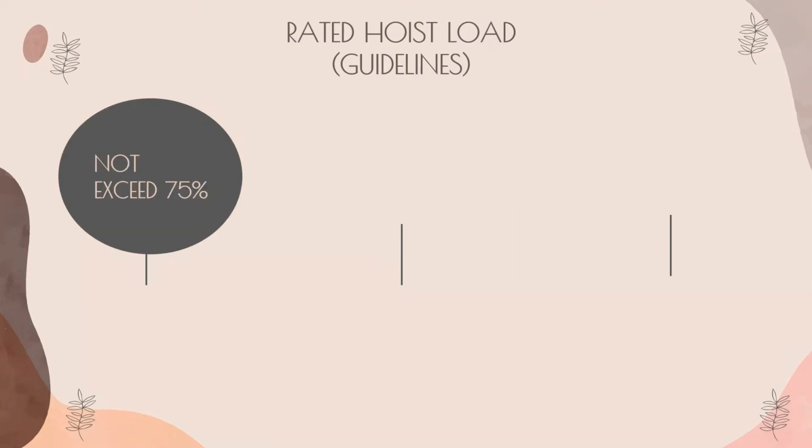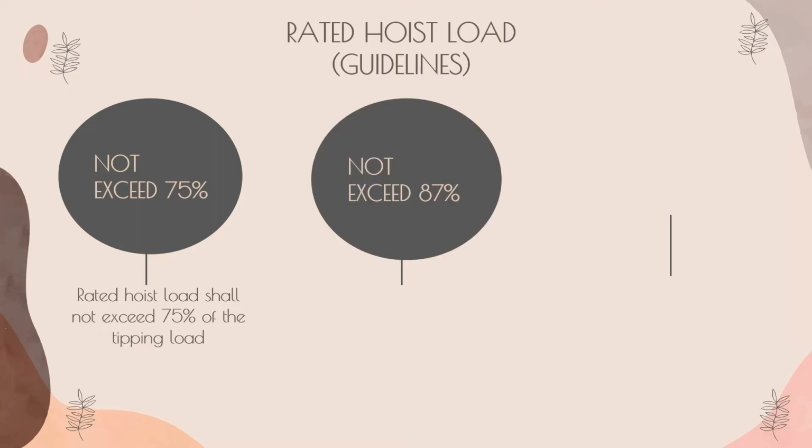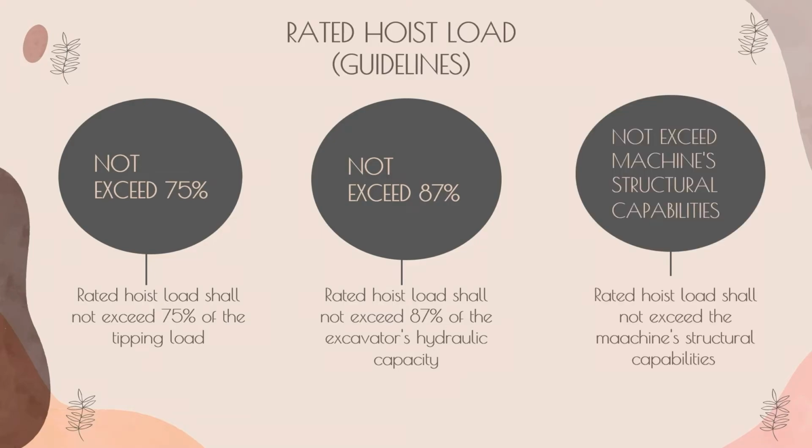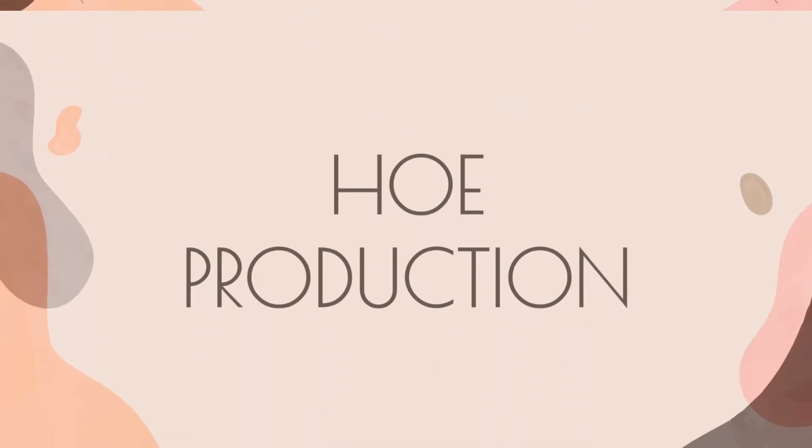Number 1, rated hoist load shall not exceed 75% of the tipping load. Number 2, rated hoist load shall not exceed 87% of the excavator hydraulic capacity. And number 3, rated hoist load shall not exceed the machine's structural capabilities.